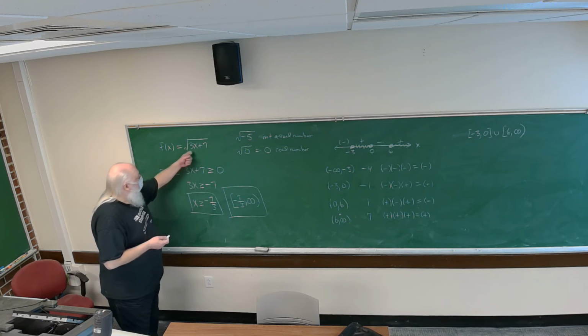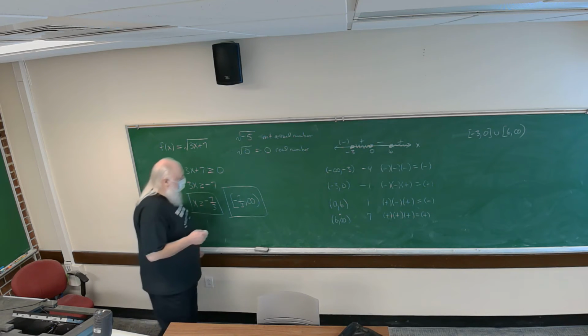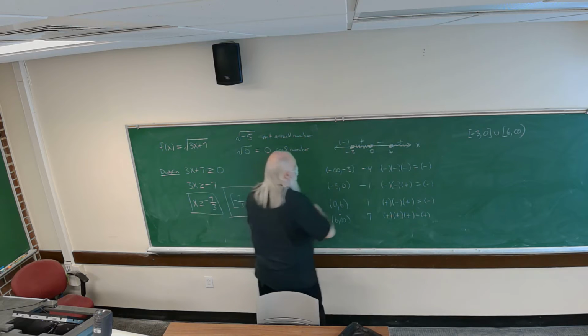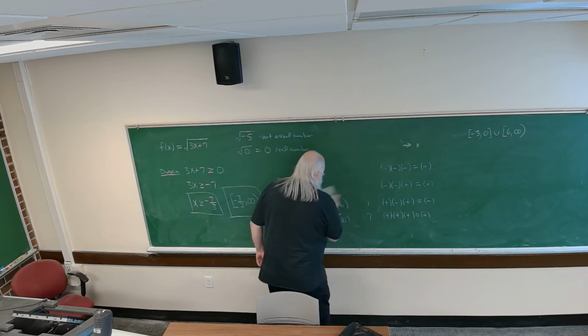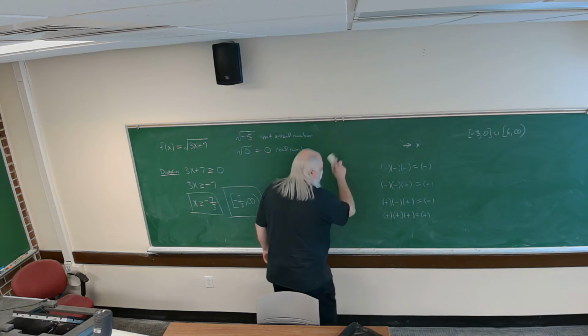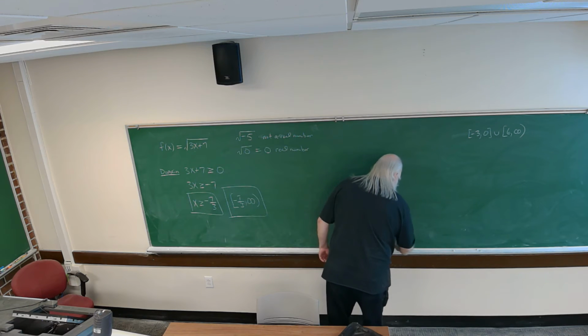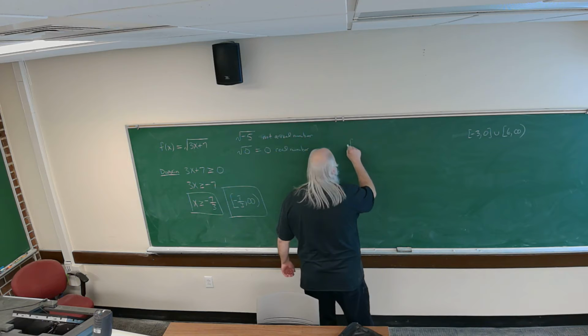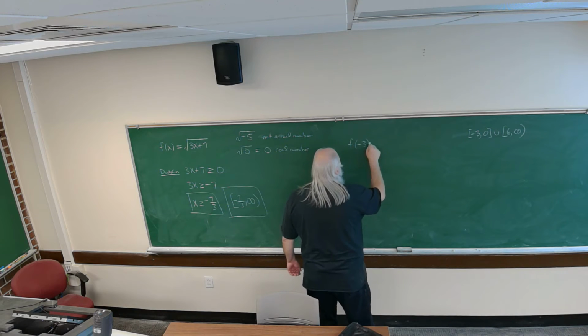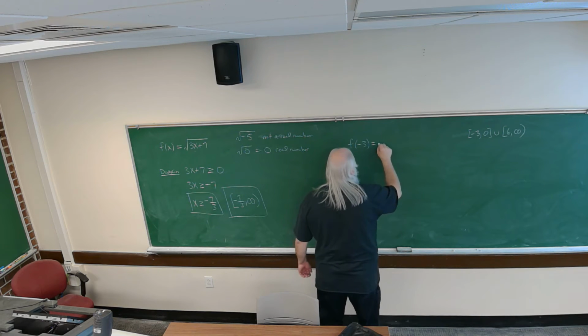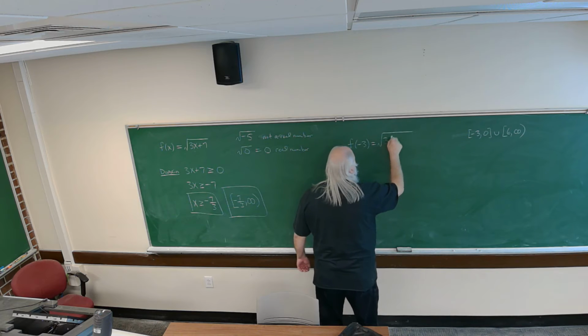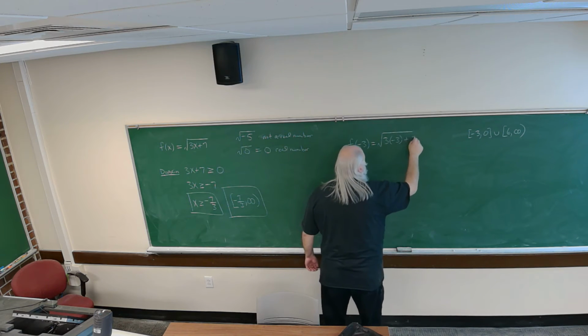So, if I try to evaluate this at f of minus 3, at x equals minus 3, then I have the square root of 3 times minus 3 plus 7.